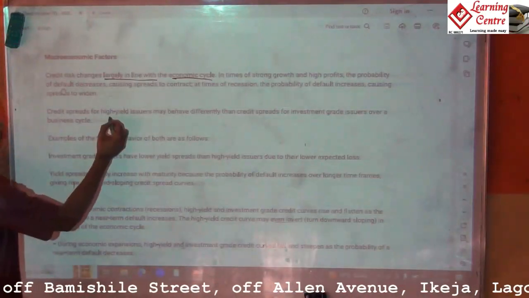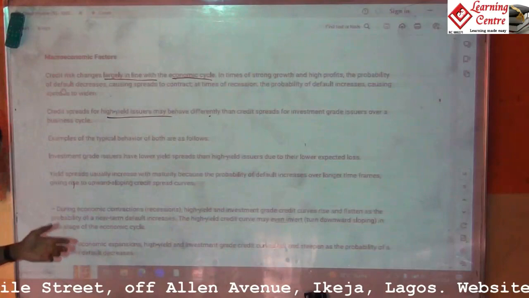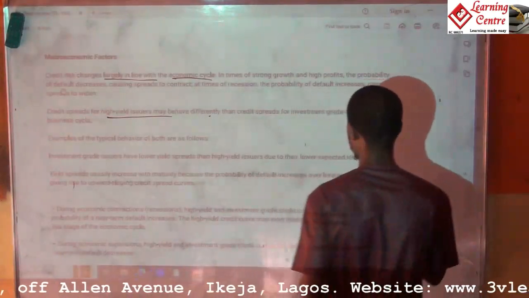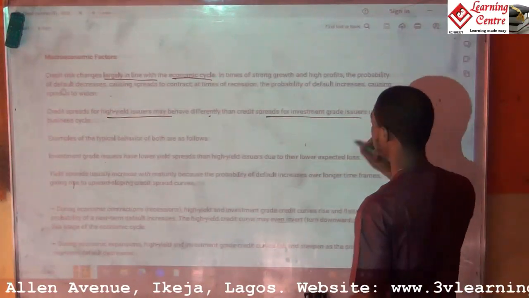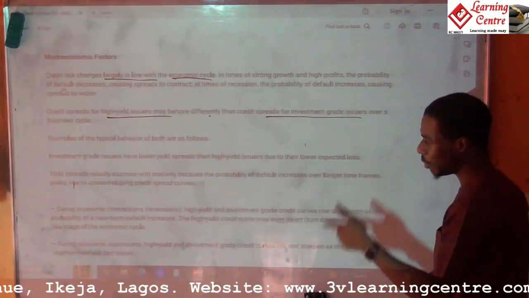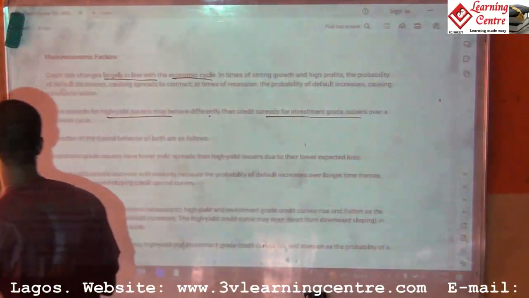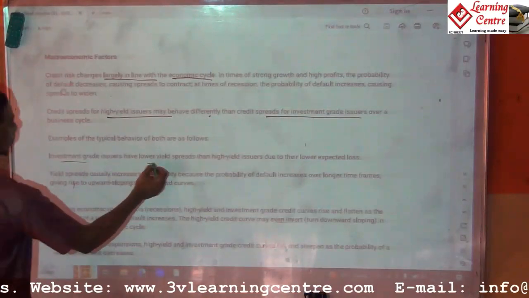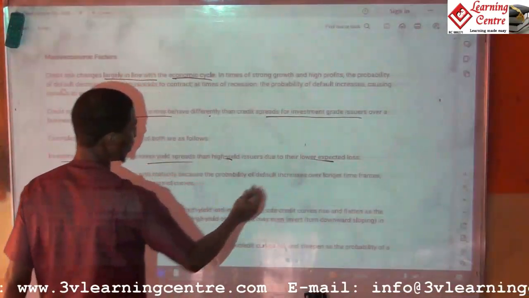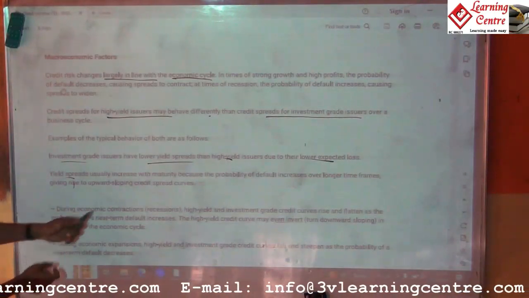Credit spread for high risk issuers will be higher than the credit spread for investment grade, because investment grade issuers have assets everywhere in the event of default, but high yield issuers do not have enough money to cover the bond. So investment grade has lower spreads than high yield, due to the lower expected loss. These spreads usually increase with maturity.